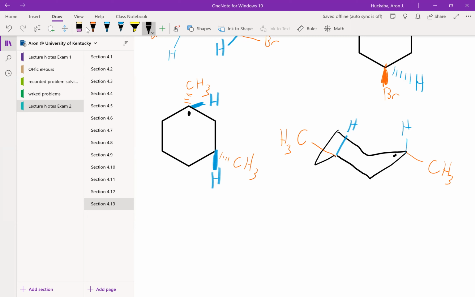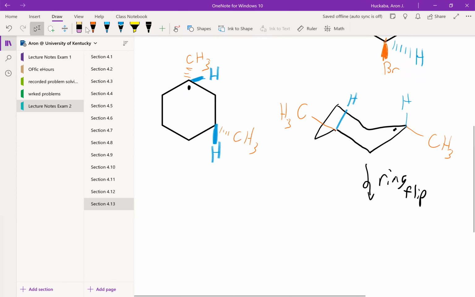I'm sorry, it's 4.12. So we learned about the ring flip in 4.12. Ring flip, which if you remember means taking the footrest up to make it the backrest and taking the backrest down and making it the footrest. And in doing so, axial becomes equatorial and equatorial becomes axial.